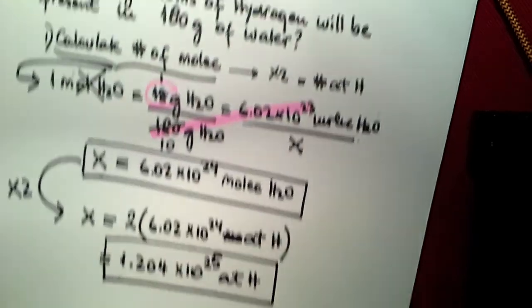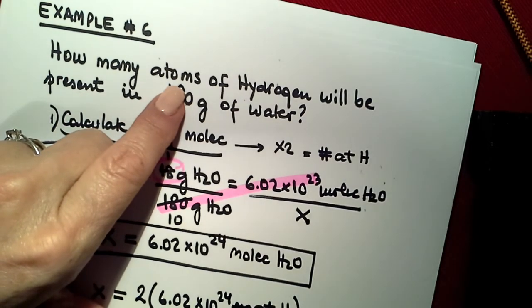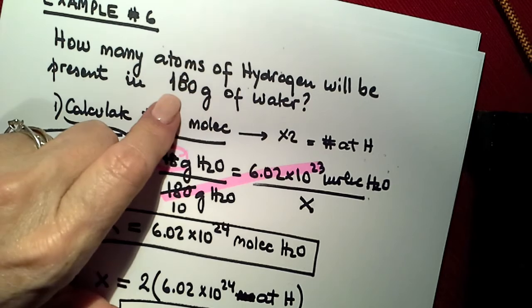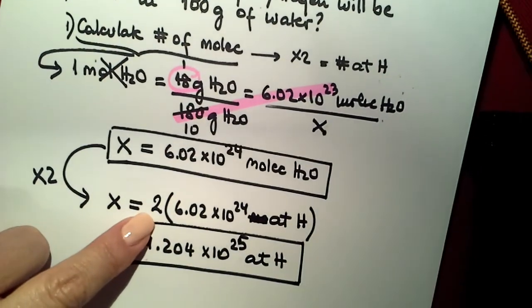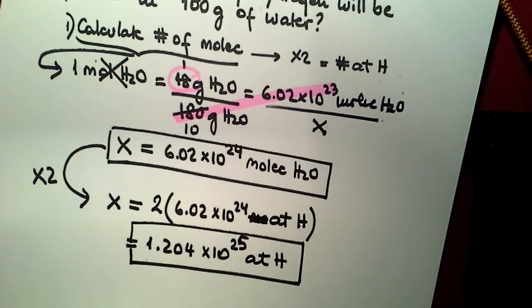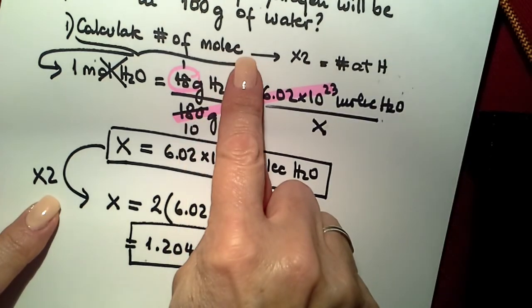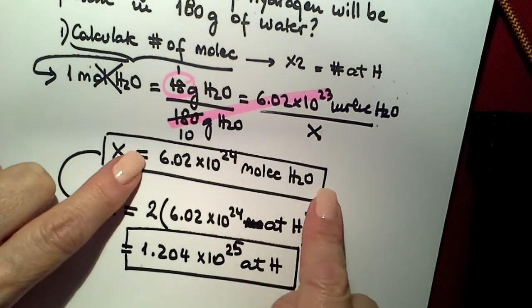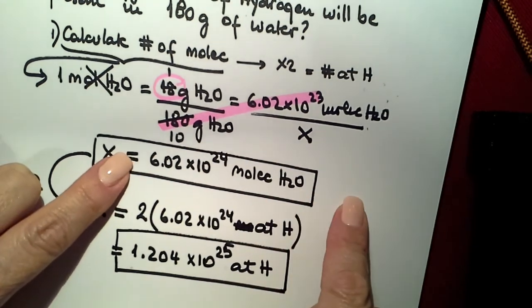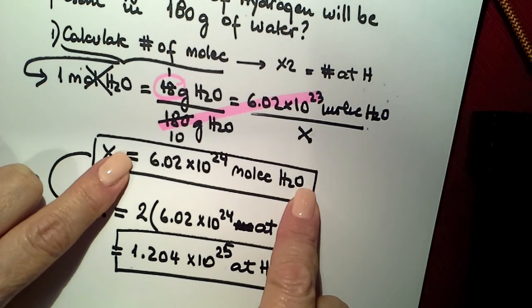So if you need the number of atoms present in a formula, first calculate the number of molecules and then see how many atoms are present in the formula, and multiply by that number to get the amount of atoms. Of course, if it's the number of atoms of oxygen that they are asking you, you don't have to multiply. The number of molecules of water is going to be consistent with the amount of oxygens, because it appears only once in the formula.